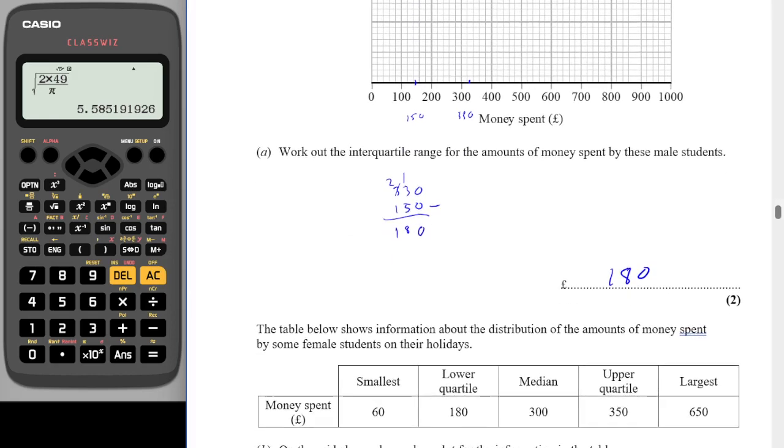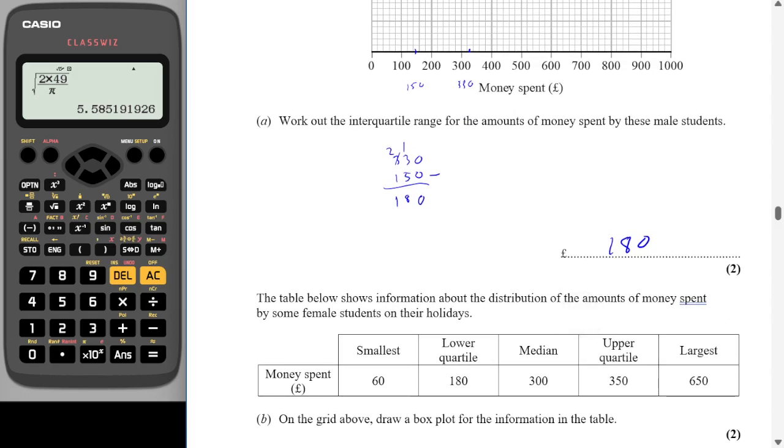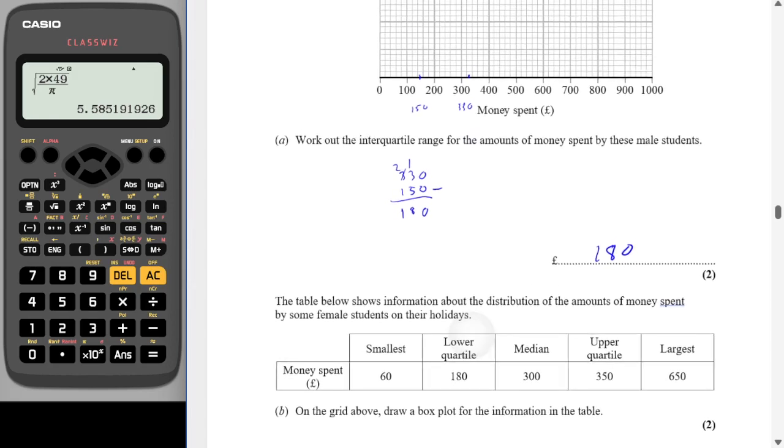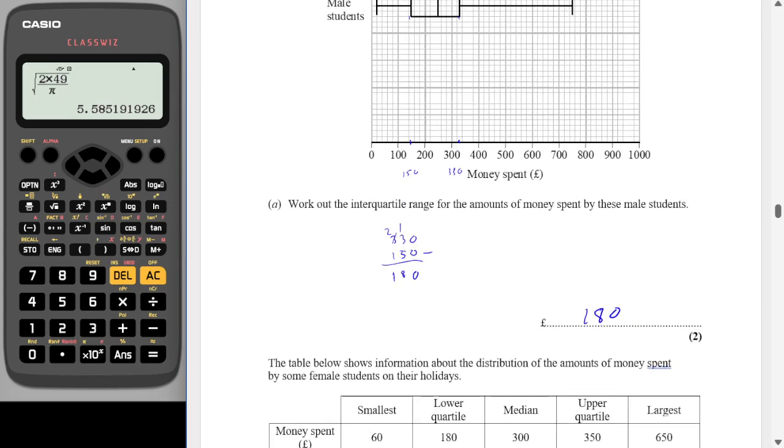The table shows information about the distribution of the amount of money spent by some females on their holiday. On the grid, draw the box plot for this information. So I'm going to try and make this look very similar to the boys. The smallest value spent by the girls is 60, which would be there. I'm just going to mark these on. The lower quartile was 180, so that would be there.